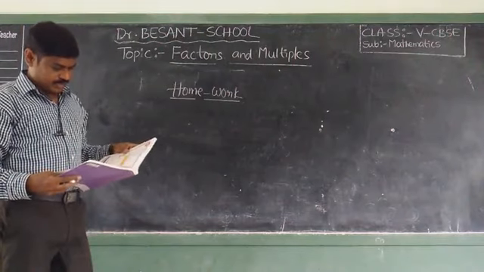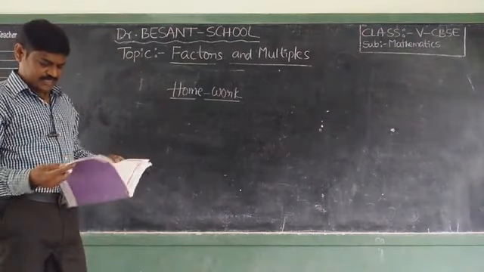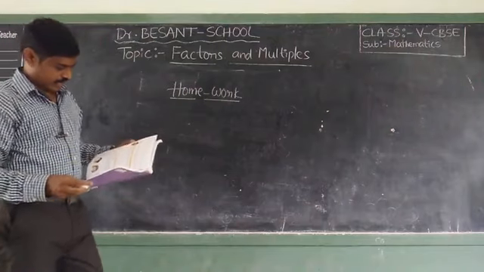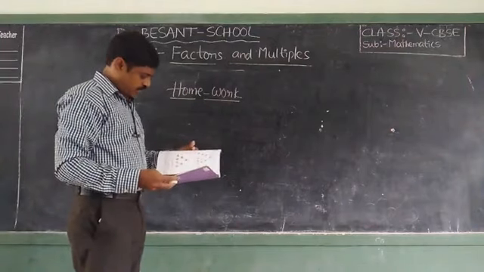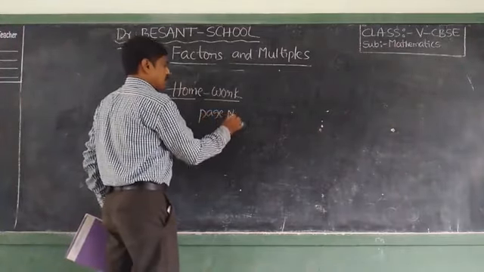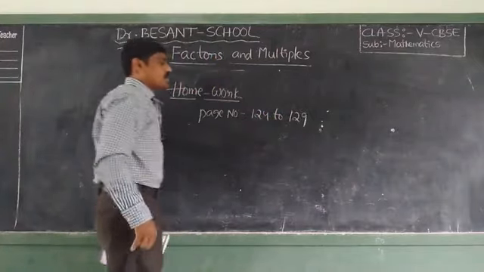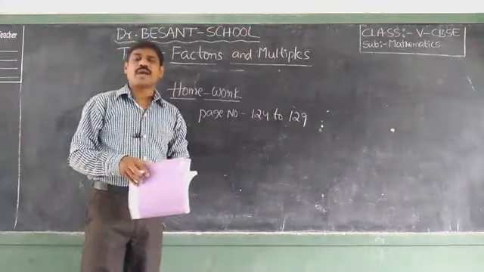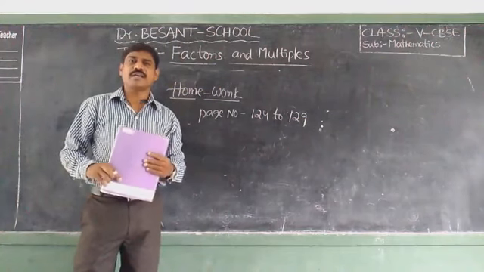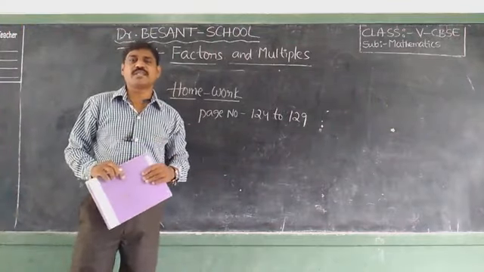The page numbers 124, 125, 126, 127 and 128, 129. So page numbers 124 to 129. The problems in these pages you have to practice in your practice book. Watch the video concentratedly and write in your studio book also. The same sums you have to practice. Okay children, thank you for listening. Thank you everybody.